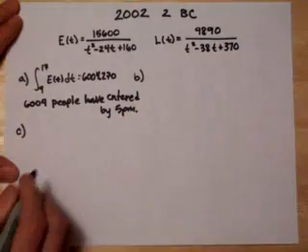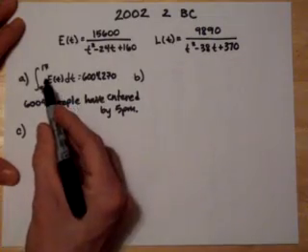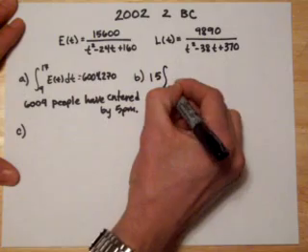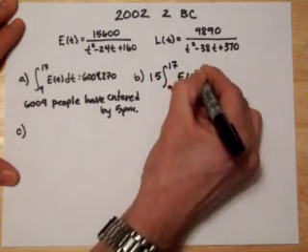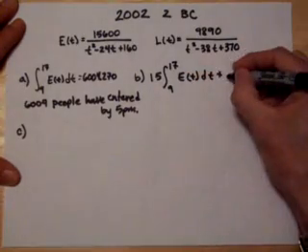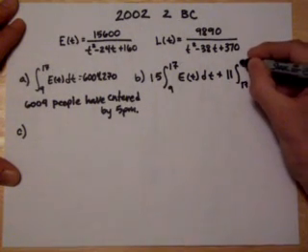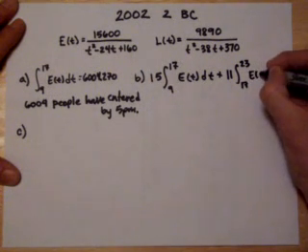B says find the price of admission, and during this time it's $15. So 15 times the integral from 9 to 17 of E of t dt, plus after that it's $11. So 11 times the integral from 17 to when it closes, which is 23, of E of t dt.